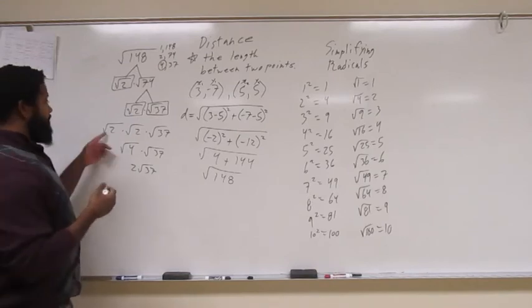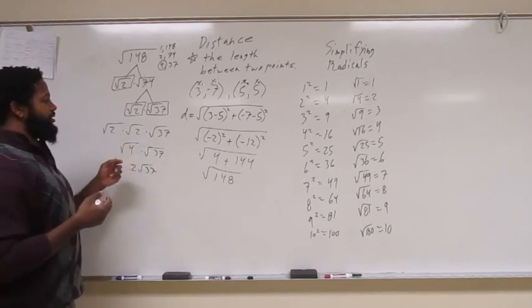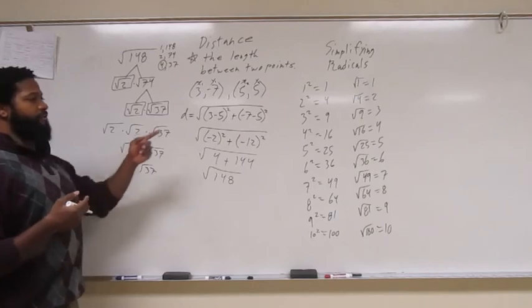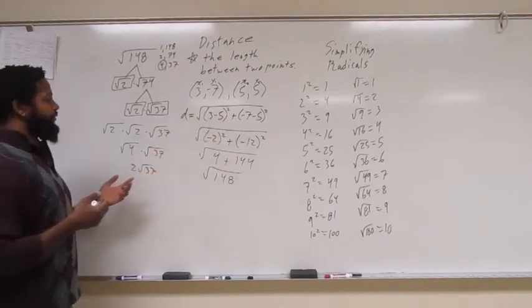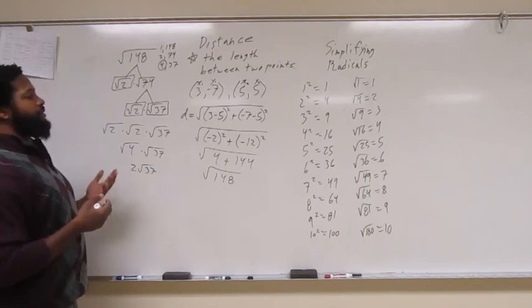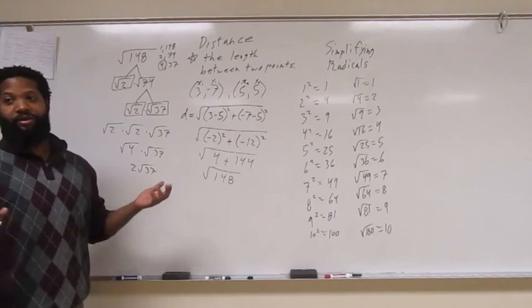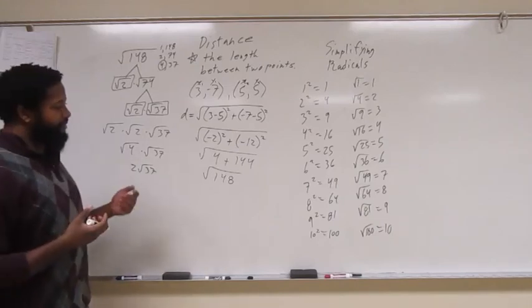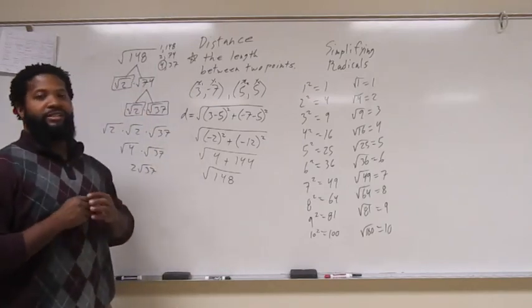Well, 2 times 2 is 4, times 2 is 8, times 2 is 16. Oh wow, the square root of 16 is 4. So I know for a fact that my ending result will be 4 square root of whatever number is on the inside of the square root. That's about it. That's pretty simple. So try your luck.